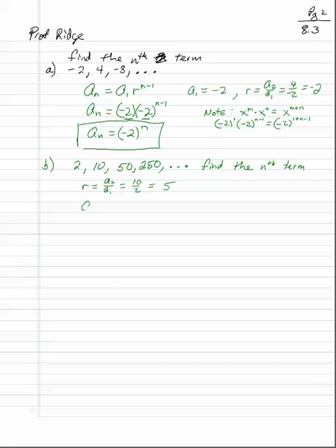So the 9th term, a sub 9, is equal to a sub 1 times r to the n minus 1, which is 2 times 5 to the 9 minus 1, 5 to the 8th. Punch that in your calculator, and you should get 781,250.